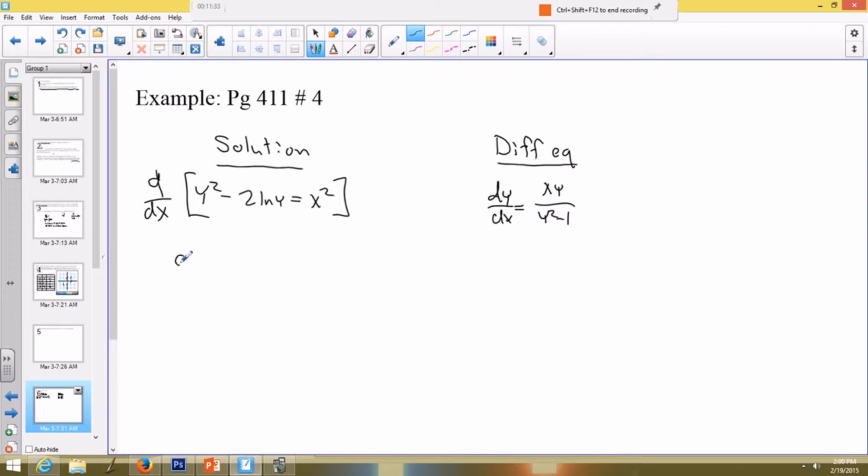So I'm going to get dy over dx is going to equal 2y, and then I'm deriving with respect to x, not y, times the derivative of y with respect to x, minus 1 over y times dy over dx, and then that's going to equal 2x to the first.